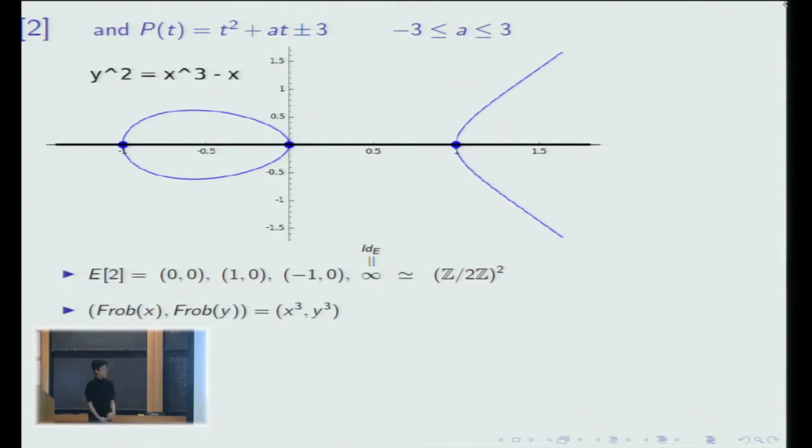And the Frobenius is just raising these coordinates to the 3rd power. Here p is 3. And so the Frobenius acting on this vector space is the identity. And the characteristic polynomial of the identity is t^2 + 1 inside (Z/2)[t].